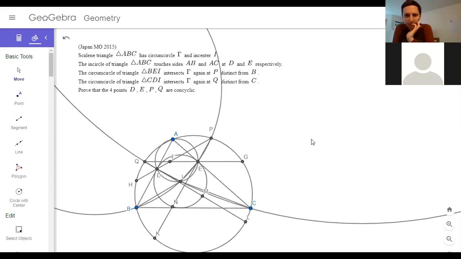But I'm still wondering, how do we get PAC? Angle IEP is 180 minus PBI, 180 minus PBC plus IBC.